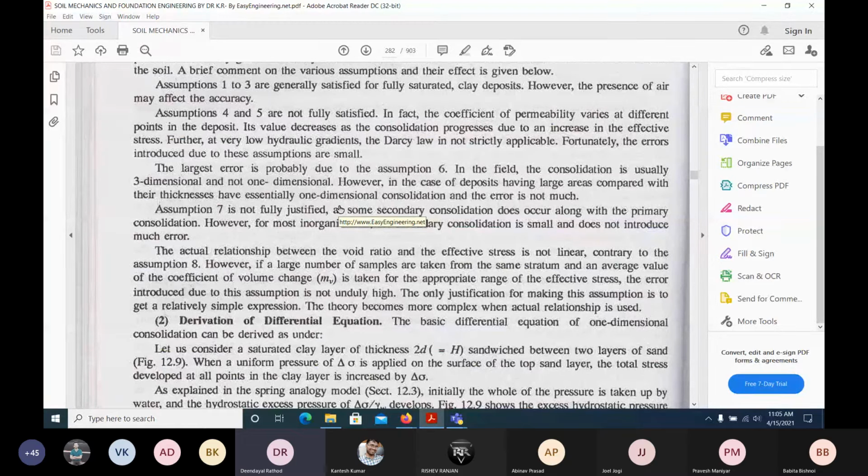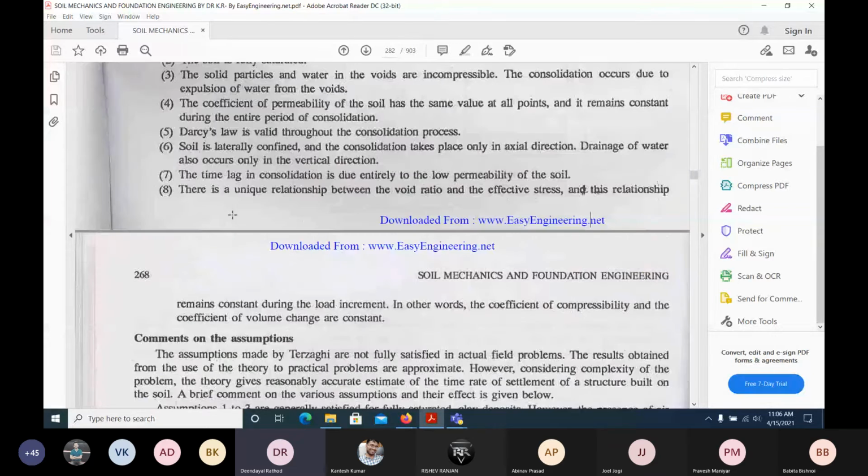Assumption 7 is also not fully satisfied, because some secondary consolidation does occur along with the primary consolidation.